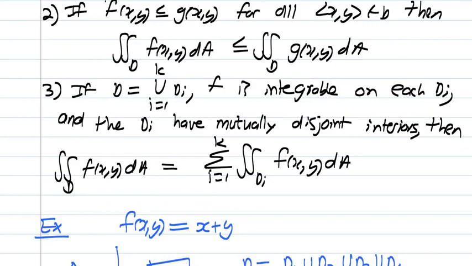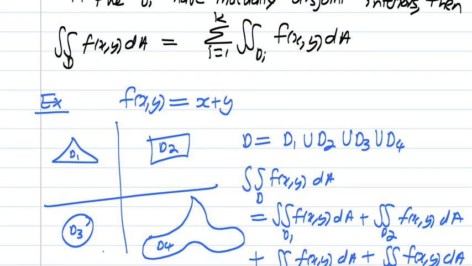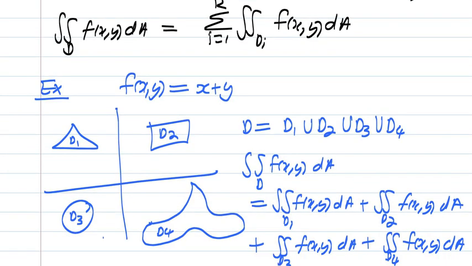So I've conjured up a small example to illustrate part 3 of this theorem. So f is the function x plus y. So we know that this function is continuous everywhere. Now D1 is this triangular region, and it's a closed bounded set. D2 is this square region, D3 is this circular region, and D4 is this funny shaped region.